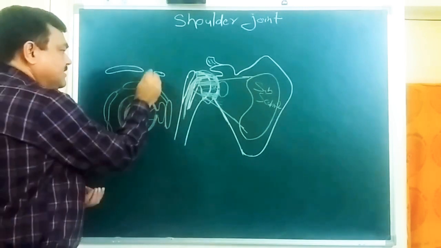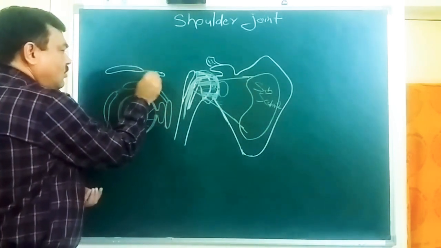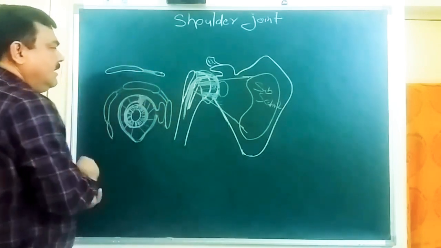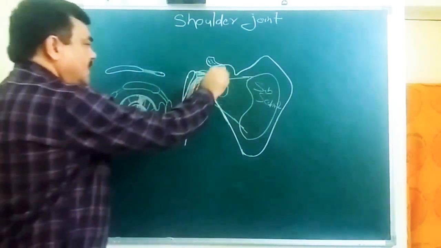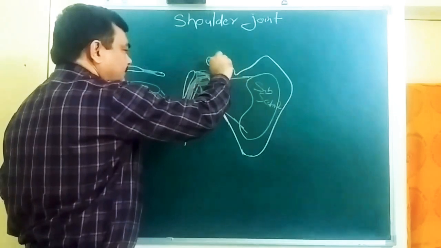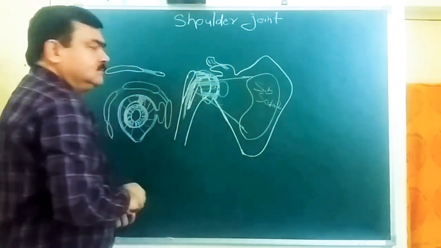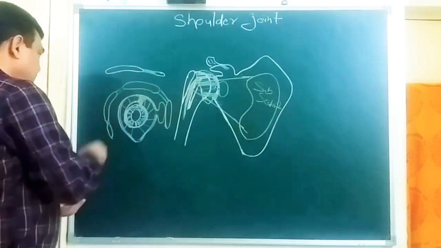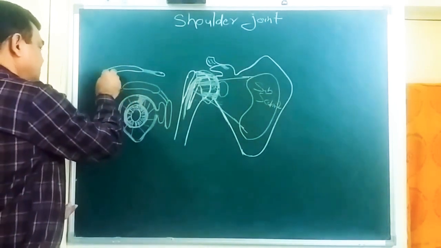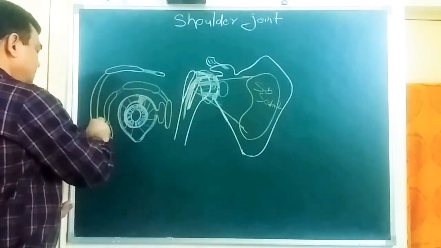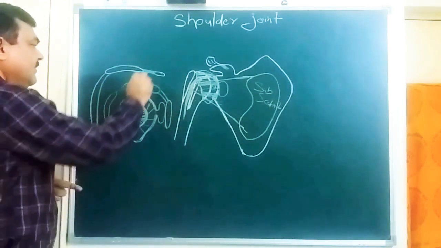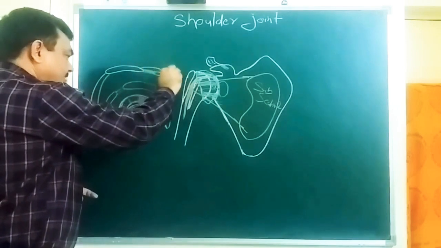In between these two processes, there is the coracoacromial ligament. And here one muscle is attached. This muscle is the posterior fiber of deltoid. Anteriorly, here is the anterior fiber of the deltoid.